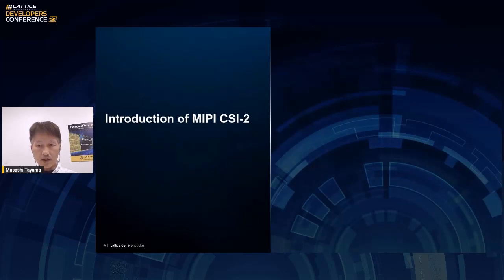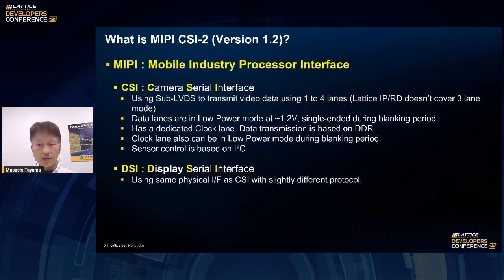Now, let me explain about MIPI CSI-2. MIPI stands for Mobile Industry Processor Interface. They made two major standards for video applications. One is CSI, and the other is DSI. CSI stands for Camera Serial Interface, mainly focusing on image sensor interface.